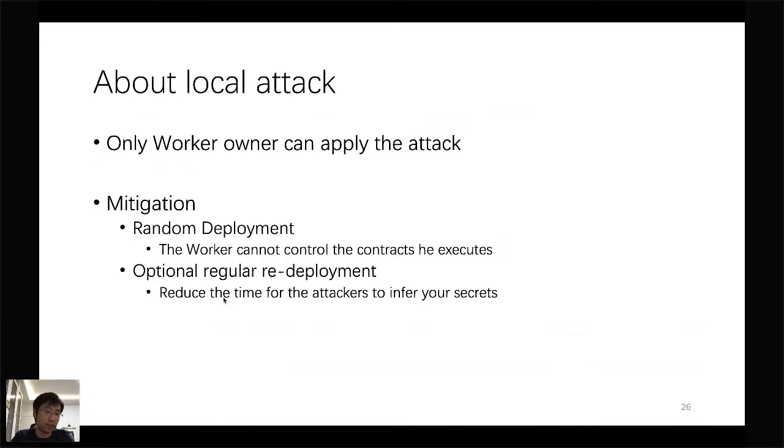I think this is very important, because in this way, the workers cannot target any contracts executed in our network. Also, the network deployer can specify optional regular redeployments of its smart contracts, so this can reduce the time the attacker has to infer their secrets.